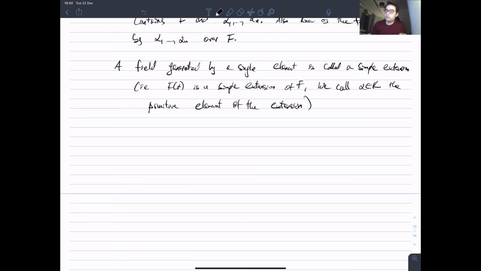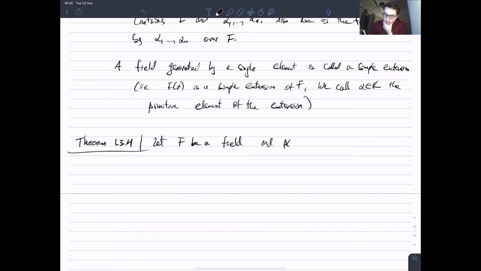So it goes as follows. This is important enough that I decided to call it a theorem. I think this is our first theorem. This is Theorem 1.3.4, and it says the following. Let F be a field and P(X) an irreducible polynomial in F[X].